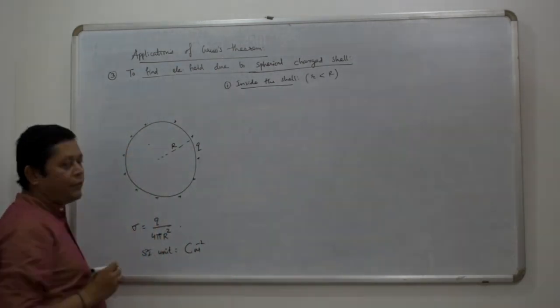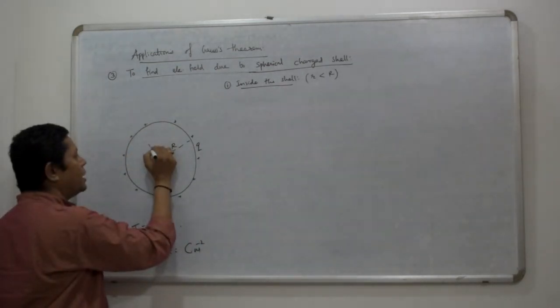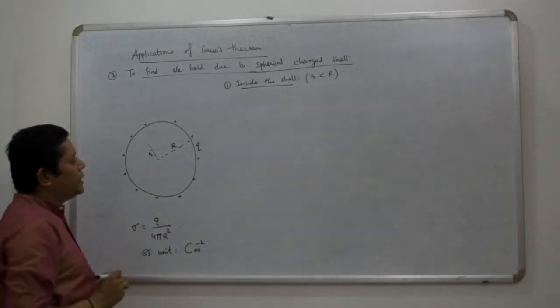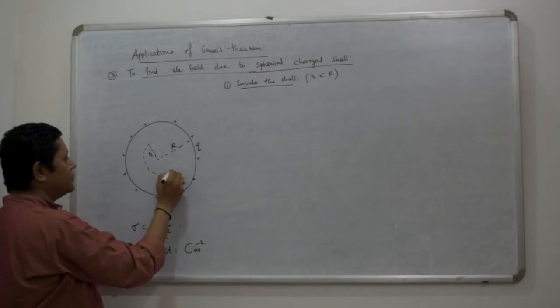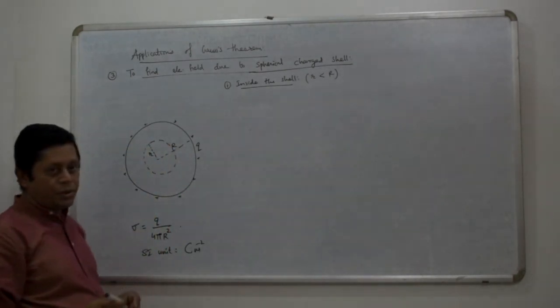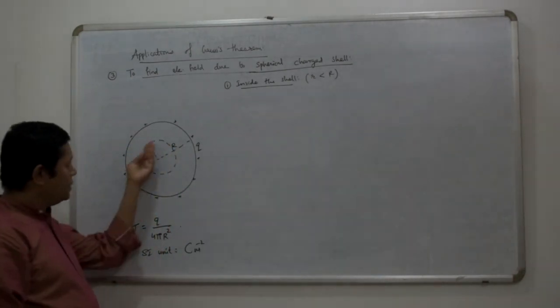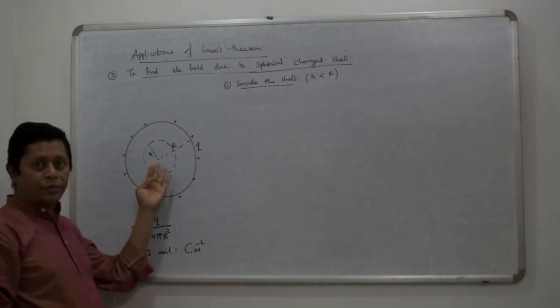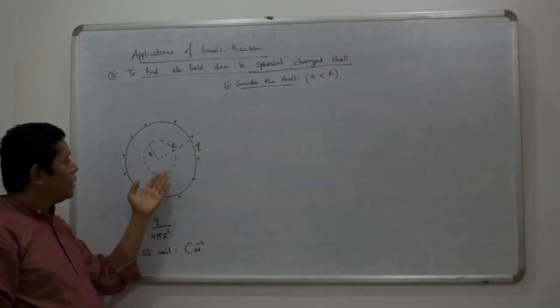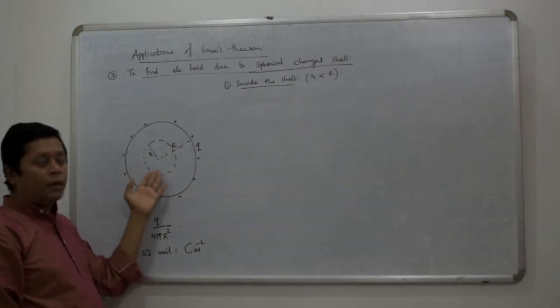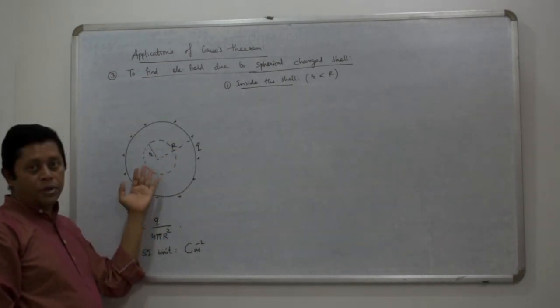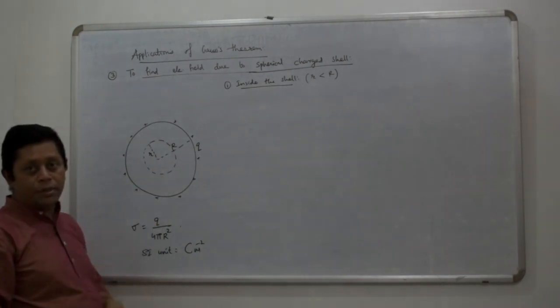If you want to find electric field at this point, at a distance r from the center of the shell, then draw the Gaussian surface. What is the charge enclosed by the Gaussian surface? The charge is on the shell, outside this Gaussian surface, since the Gaussian surface is inside. So the charge enclosed by this Gaussian surface is 0.